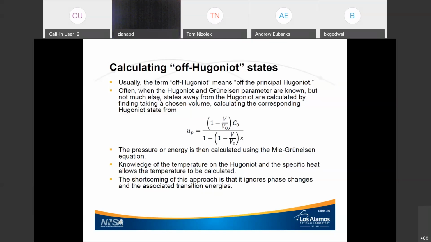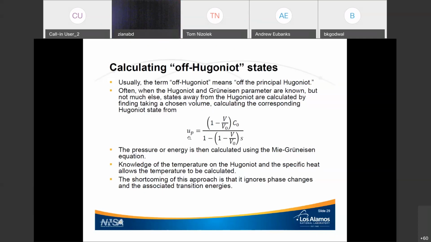When the principal Hugoniot and Grüneisen parameter are known, but not much else, states away from the Hugoniot are calculated by taking some chosen volume and calculating the corresponding Hugoniot state. First, you have to figure out your Hugoniot defined in terms of US and UP.